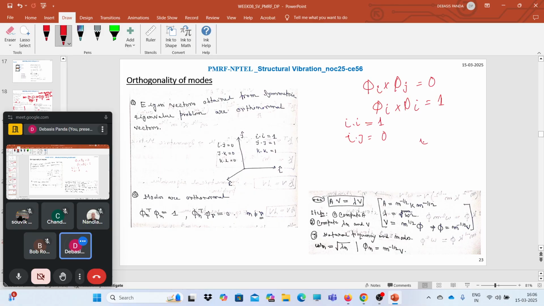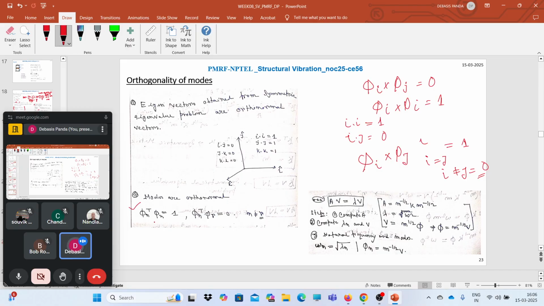If we want to write it down like this, phi i multiplied by phi j, if i equals j, it will be 1, and if i not equal to j, it will be 0. It's a very important property of the modes.